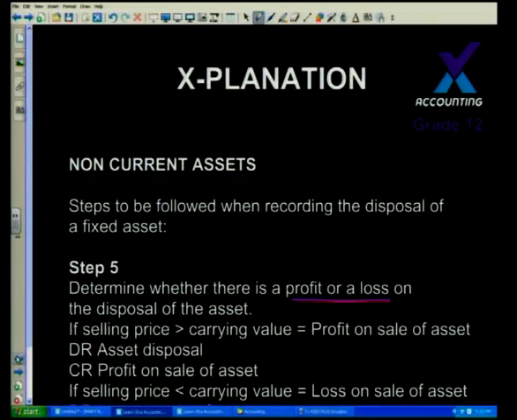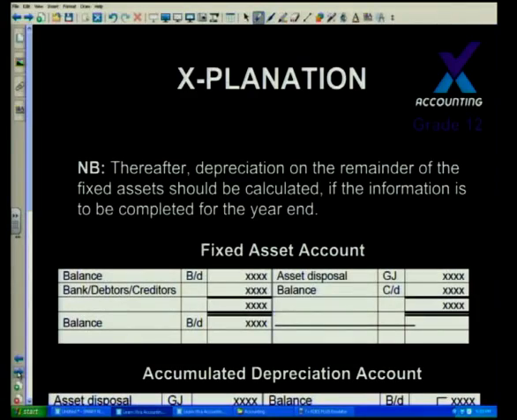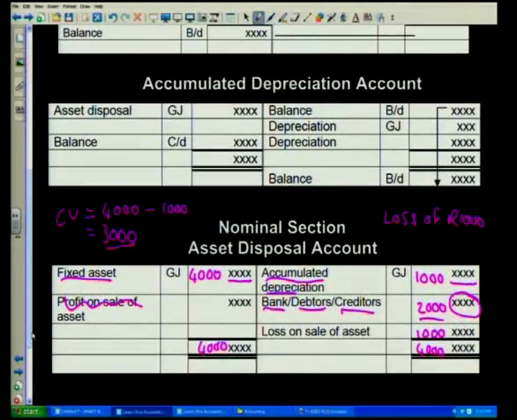That therefore means that we have made a loss, and you can see from the notes over here that we are going to credit the asset disposal account and debit loss on sale of asset. That's exactly what we've done here. We have credited the asset disposal account with 1,000 Rand, and that will be transferred to the opposite side of the ledger in the loss on sale of asset ledger account on the debit side.